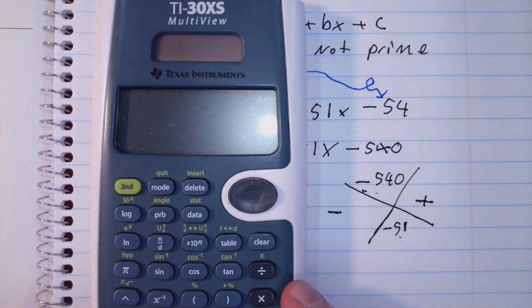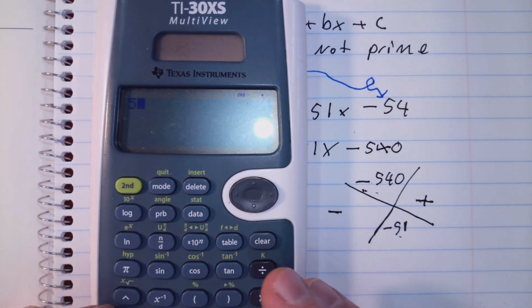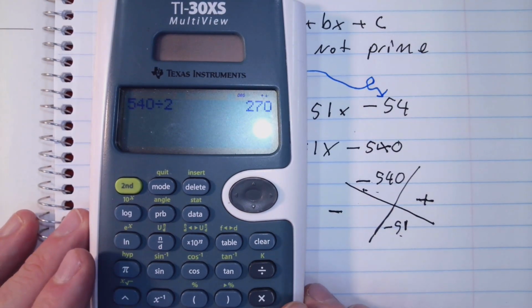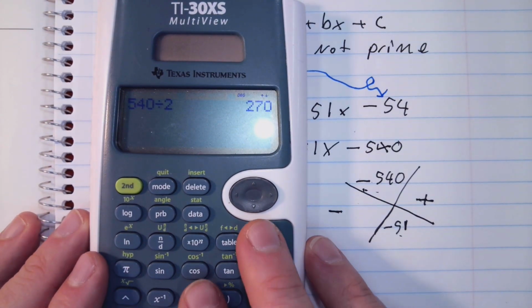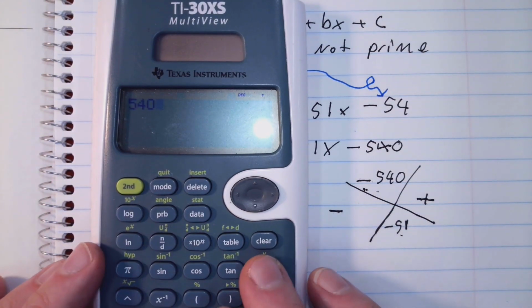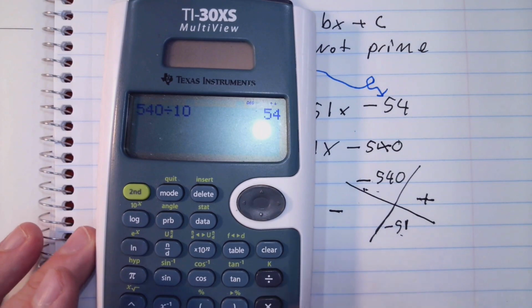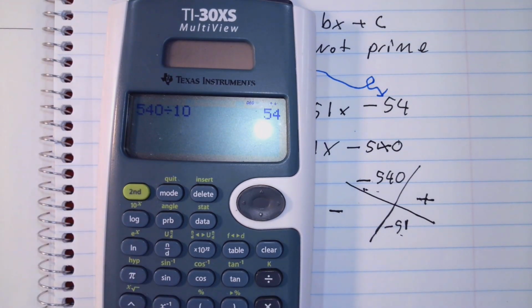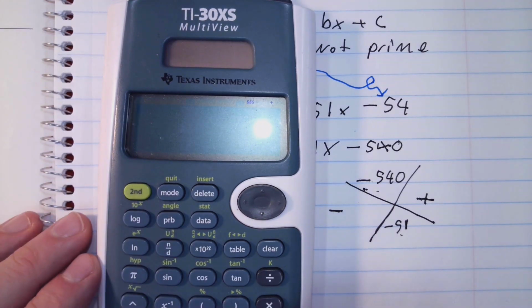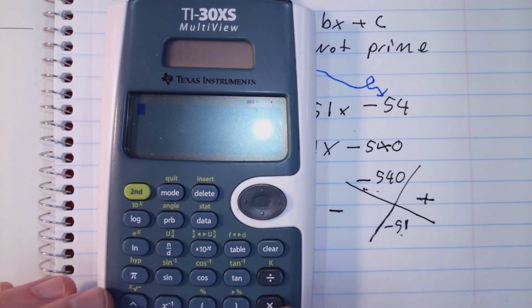So 540, let's see what's working. Let's just try 2. Well, no. Let's try 10. Let's see if 10 works. So 54 and 10. Nope. So it's in between 2 and 10. So let's just try 8 or 6.